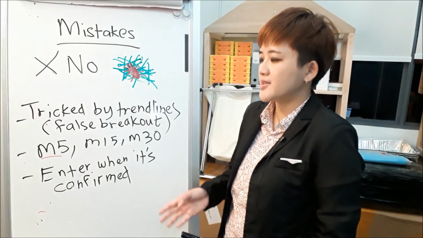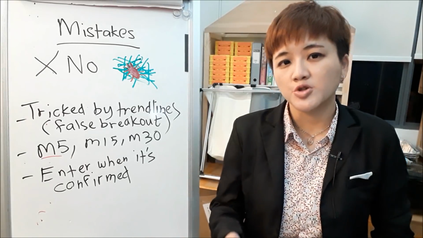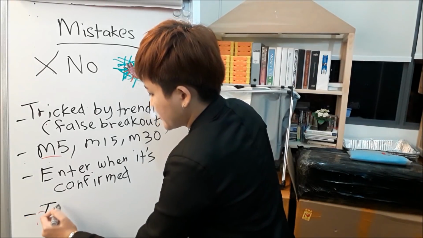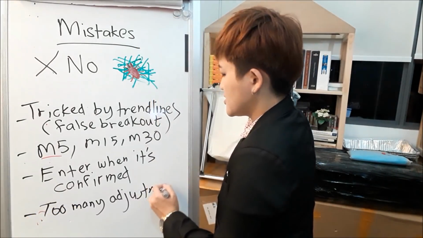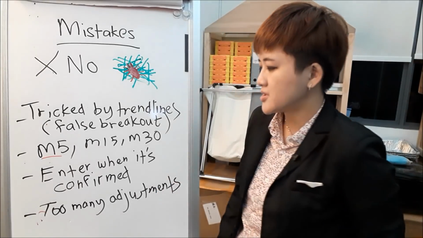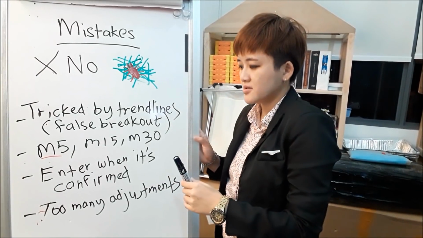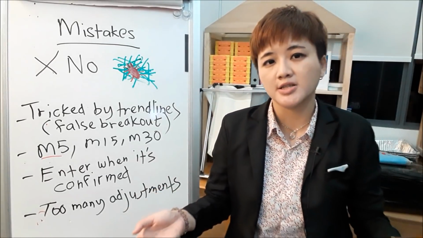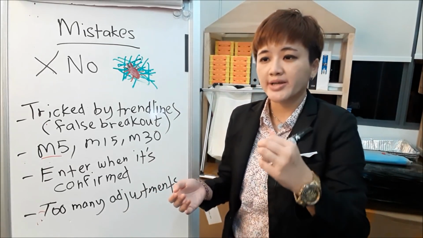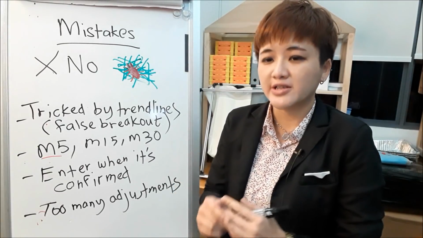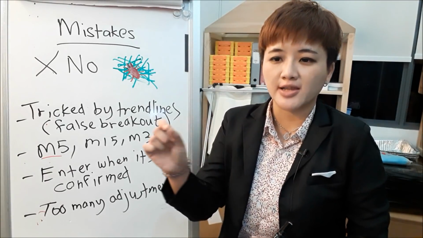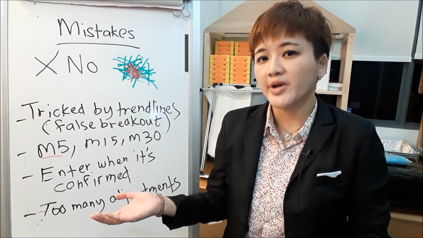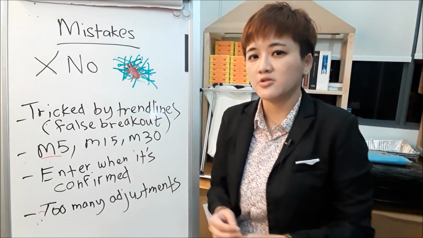And of course, with trend lines, sometimes you would need to adjust it, but if you adjust it too many times, it's not very good for you, because as long as you have 3 touch points, it's better to leave it as it is. Because if the price breaks downwards and you feel like you need to drag your trend line to that point, then you wouldn't know where the breakout is going to be. You know what I'm saying?